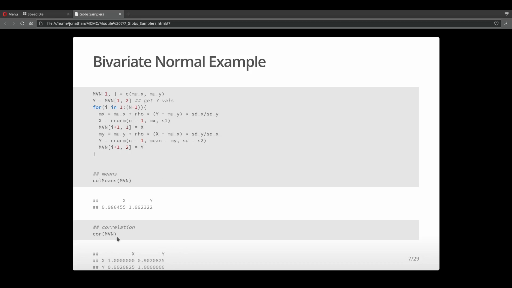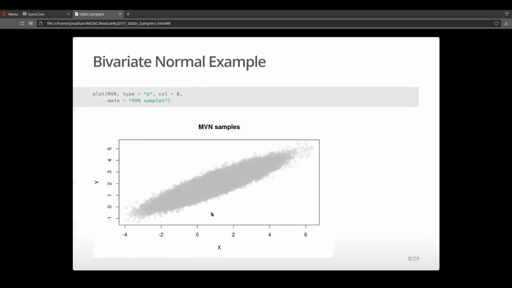I can also calculate the correlation between the two variables, and you can see that it's almost 0.9. Now we can visualize our samples, and you can see that they look like they're coming from a bivariate normal distribution. Nothing surprising, since we know that our Markov chain was well specified.